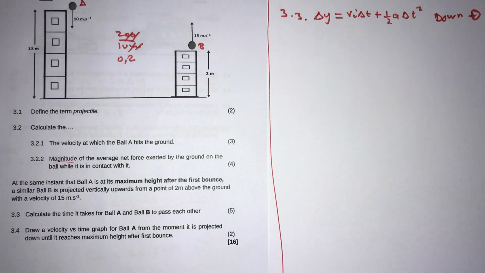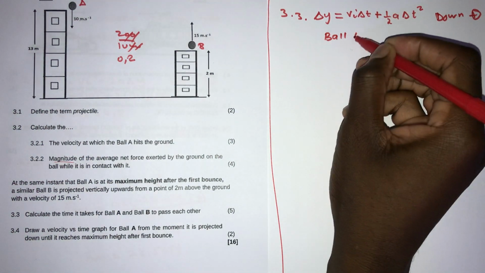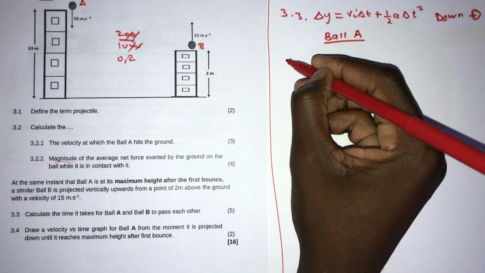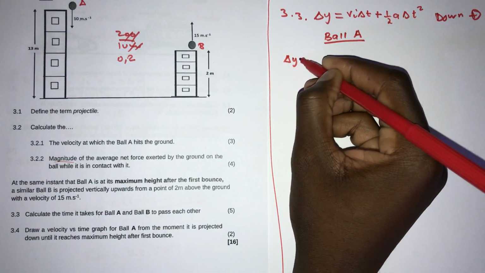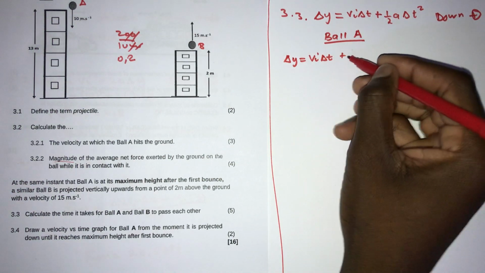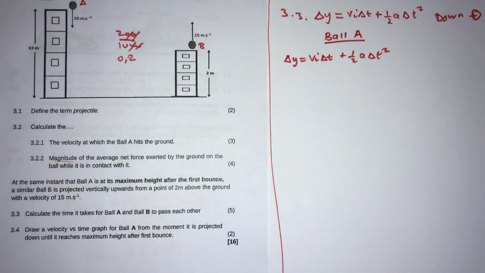Right. So since down is our positive now, this is what we're going to do. We're going to take ball A first. So this is our formula. Change in y is equal to VI, the change in time, plus 1/2 A, the change in time squared.